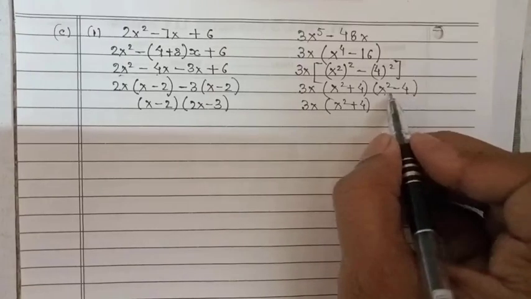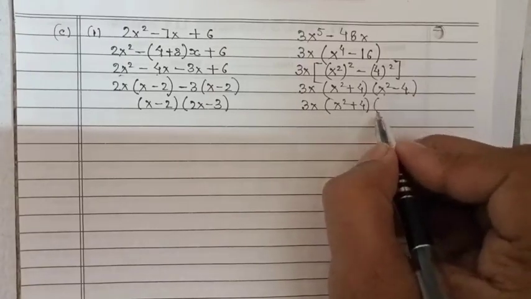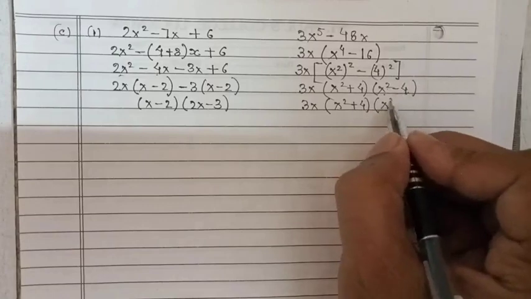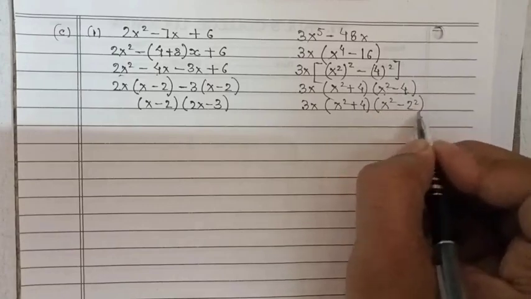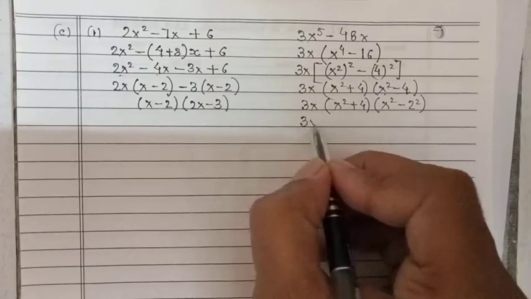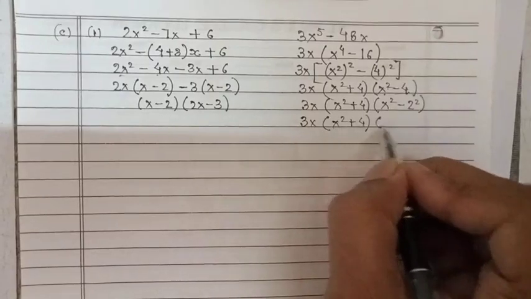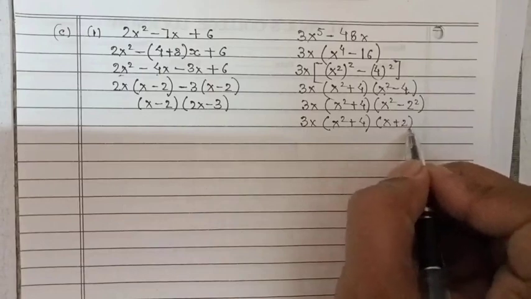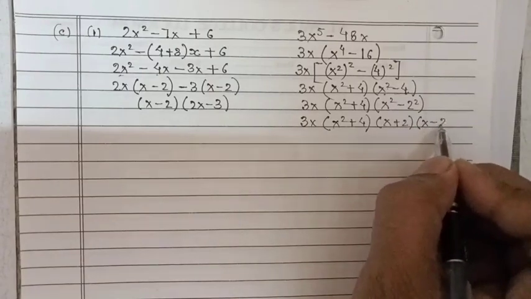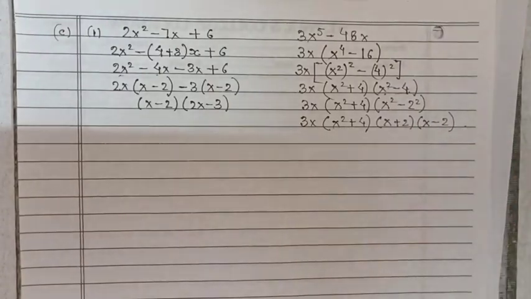Now this again can be written as a difference of two squares, x square minus 2 square. So this will give us the result (x plus 2)(x minus 2). This will be your answer.